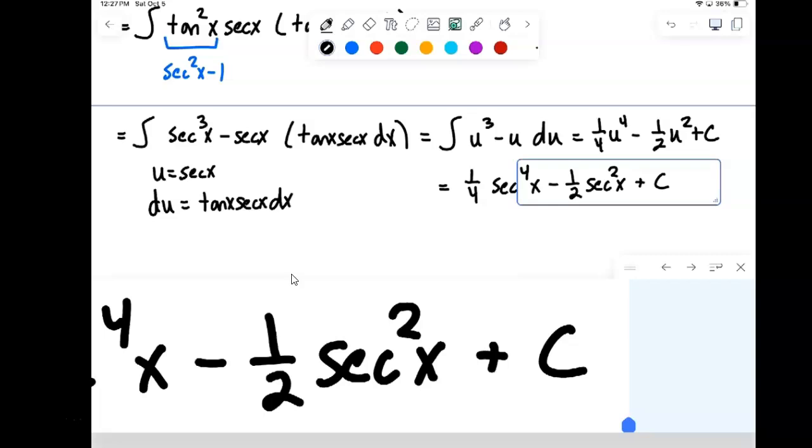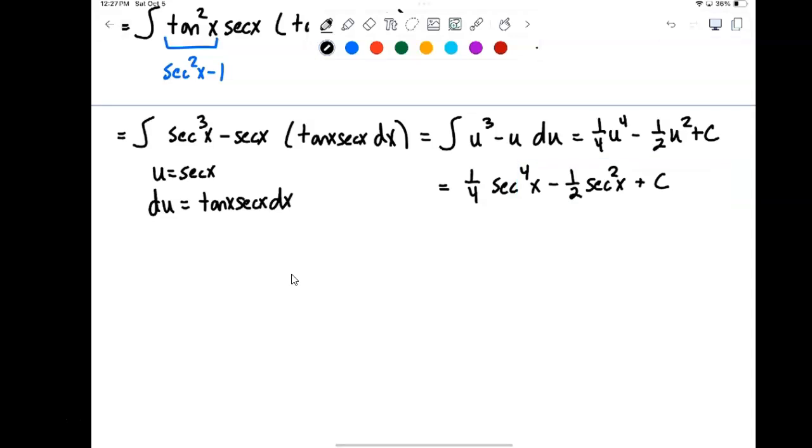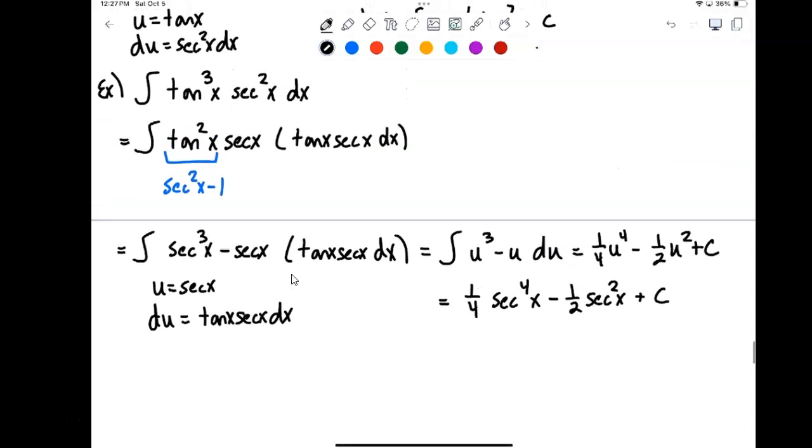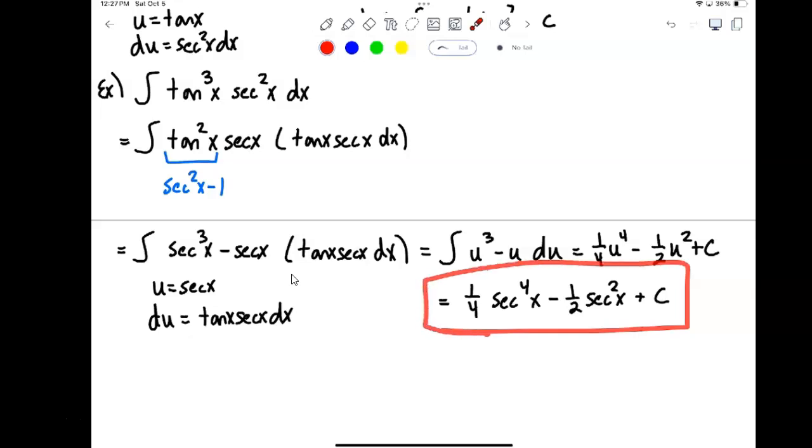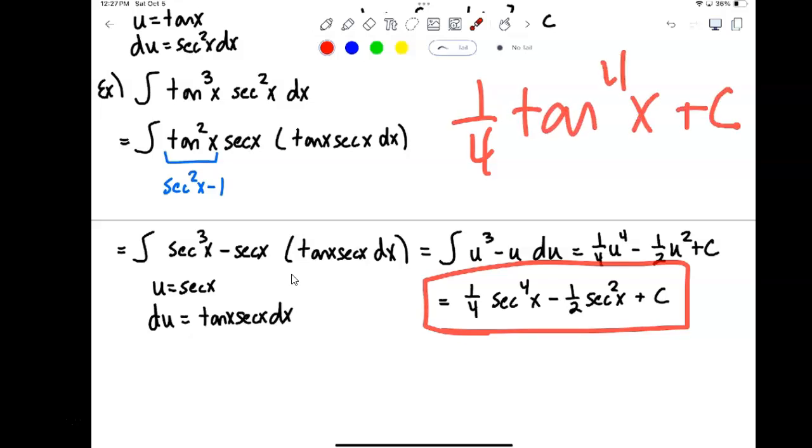Now, a little challenge for you would be to show that that's the same. If you want to play around with some trig identity, show that that's the same as the 1/4 tangent to the fourth x plus a constant that I would have gotten had I done it the other way. Might be something kind of interesting to try.